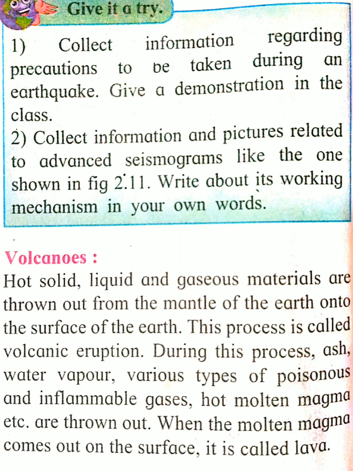This process is called volcanic eruption. During this process, ash, water vapor, various types of poisonous and inflammable gases, and hot molten magma are thrown out, along with dust particles. When the molten magma comes out on the surface, it is called lava.